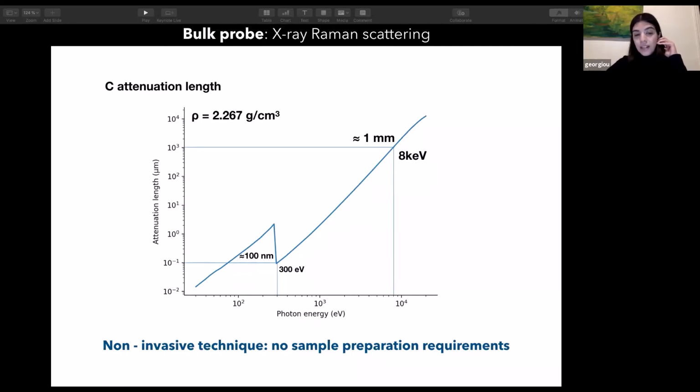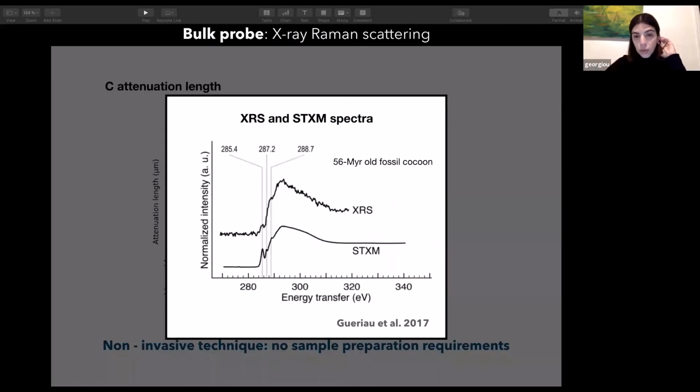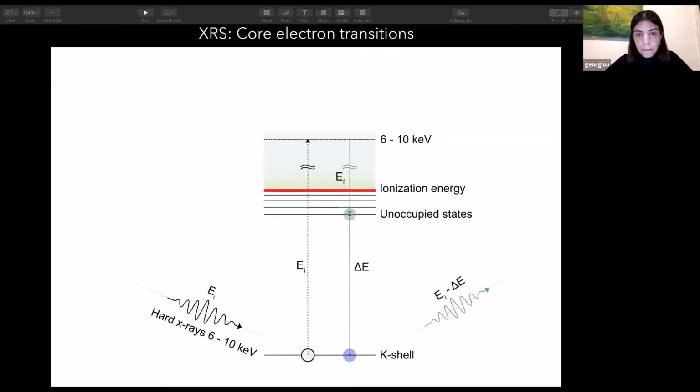And this is how we can use it non-invasively, without any sample preparation requirements, to obtain information. It is actually an alternative probe of soft X-ray absorption spectroscopy, and we can obtain similar information. We can probe the carbon K-edge.